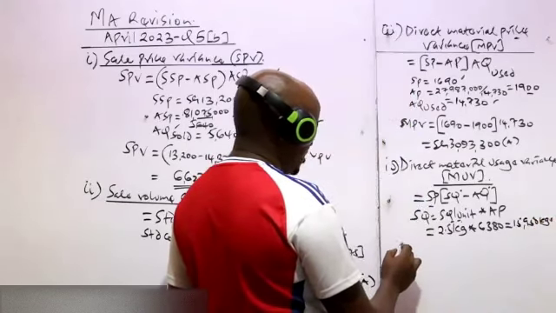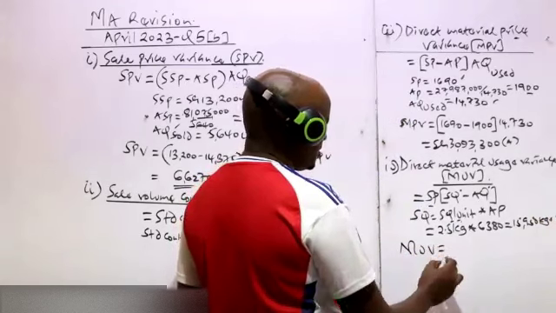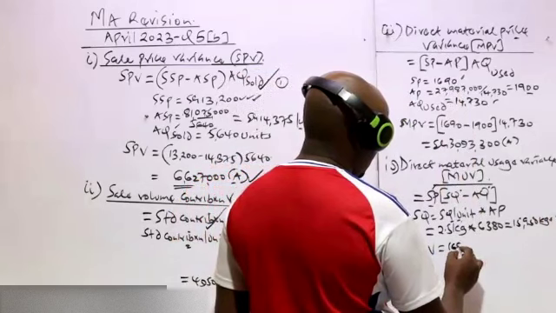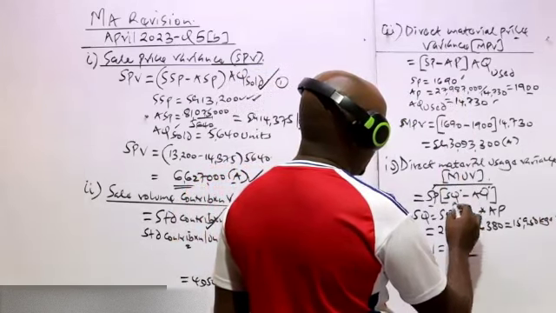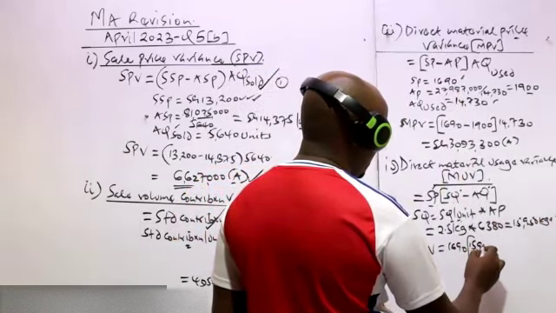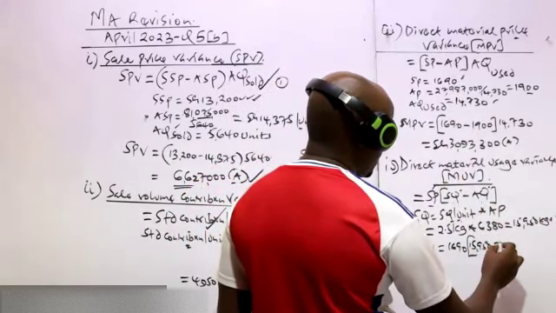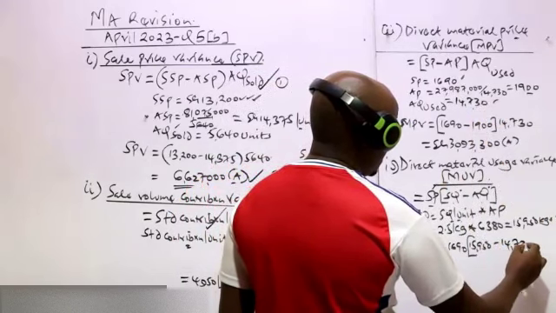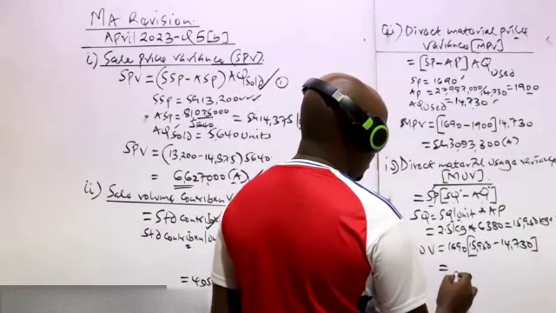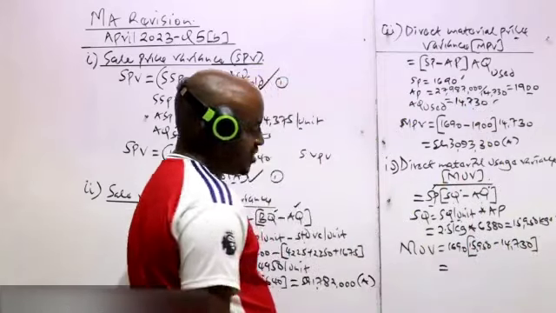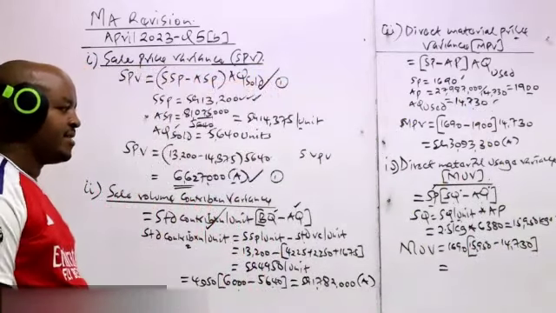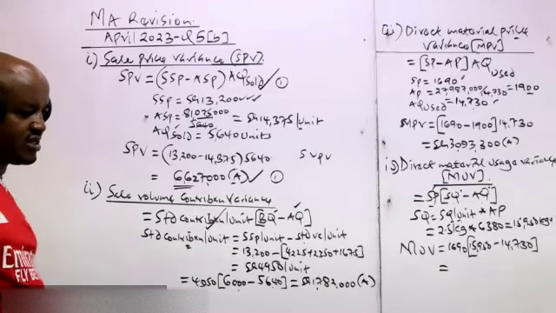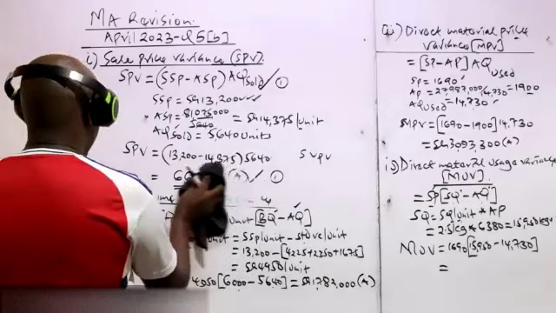Having that, we can compute the material usage variance, which will be equal to the standard price, which we have up there, 1690, multiplied with the standard quantity, 15,950, minus actual quantity, which we have here, 14,730. First of all, work out that, which basically will give us a positive, and then we multiply that with 1690, and we get the material usage variance.